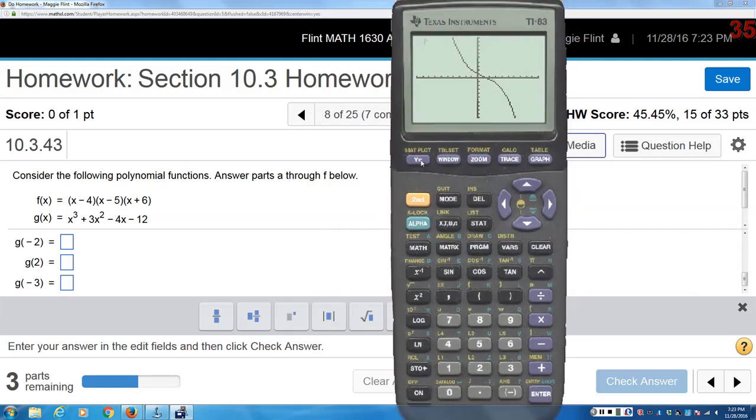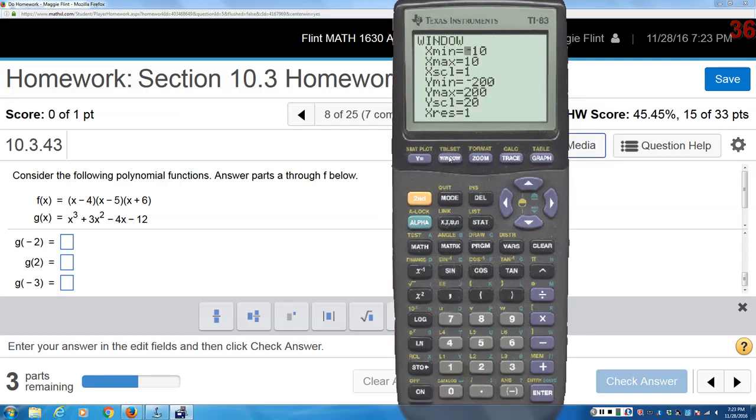And if you remember the trick I told you, come over here and put your function in, x raised to the 3rd power plus 3x squared minus 4x minus 12, and then make sure your table, second window, is set up to ask for your independent variable. Okay, hold on. Make it ask.